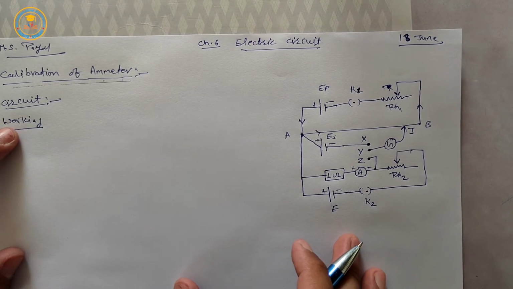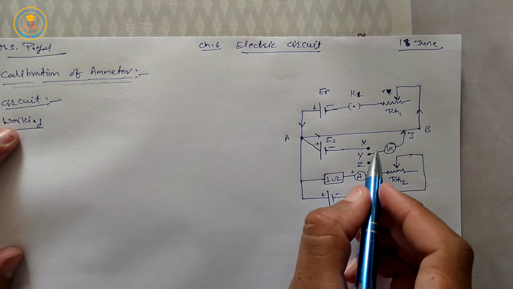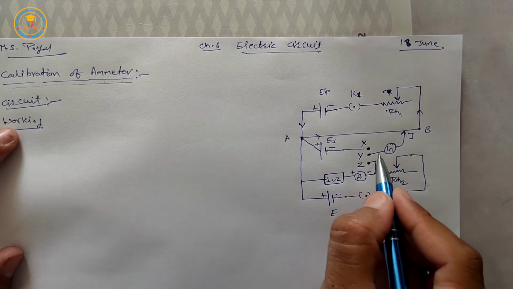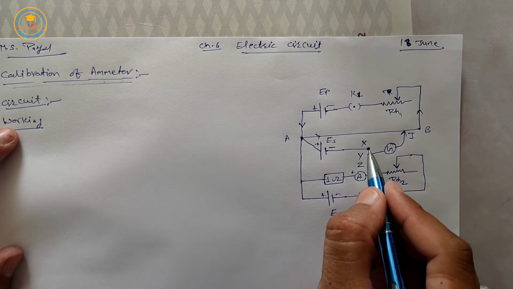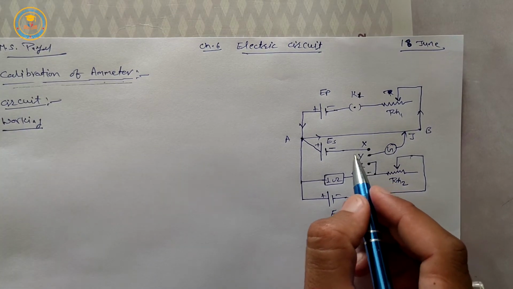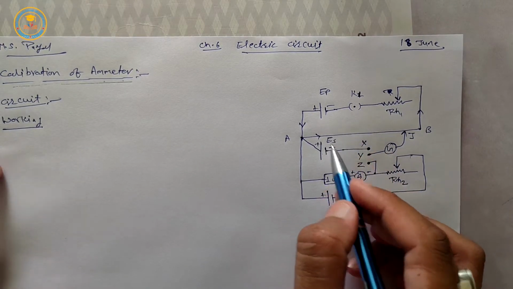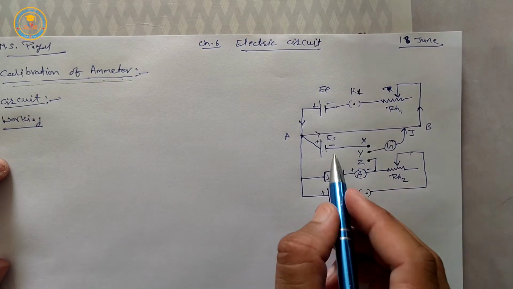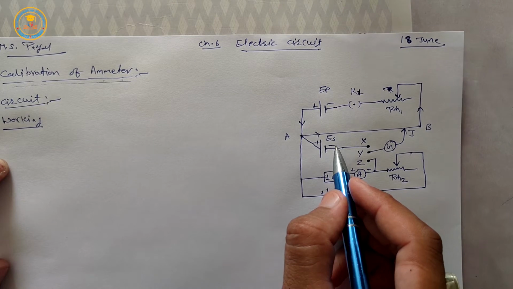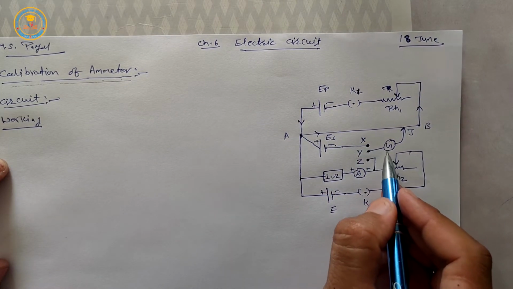Now we plug the dot in the two-way key between X and Y terminal. Then this standard cell is connected in this potentiometer. So for this standard cell ES, the galvanometer shows deflection.